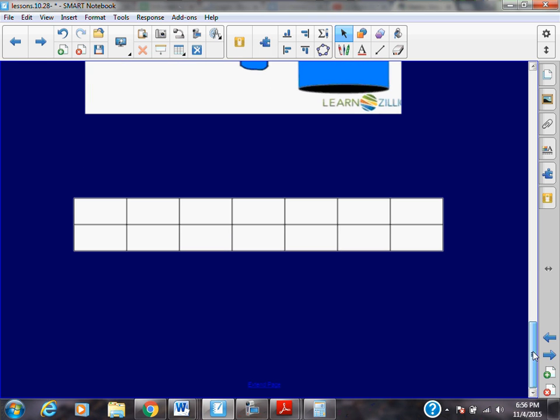So we have our metric chart here. Again, in the middle, I'm going to write liters because that is the unit of measure. Filling in our metric chart, which is very much like our place value chart, I can go all the way over here and fill in kiloliters. And I can spell it either way.